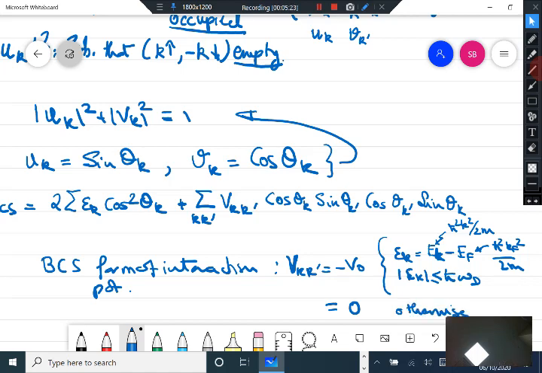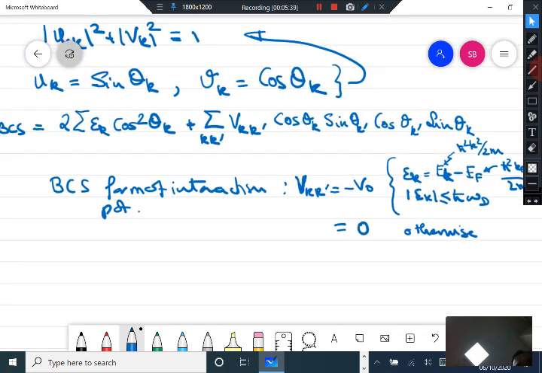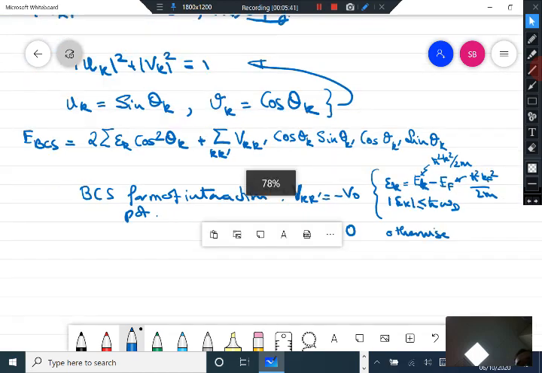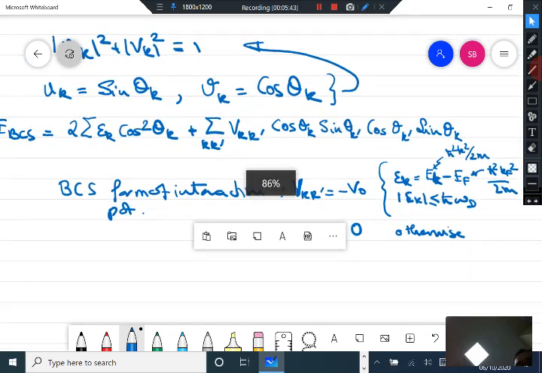Namely, if the energy of the particle is not within h cross omega d of the Fermi energy, then it is 0. But if it is within h cross omega d of the Fermi energy, then your potential is attractive. We have already seen this.